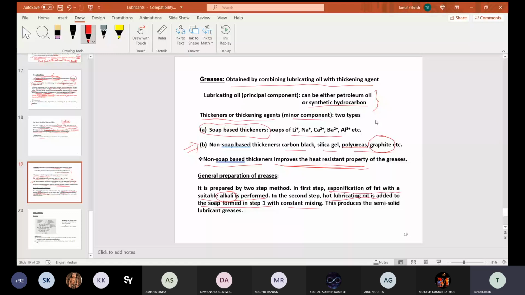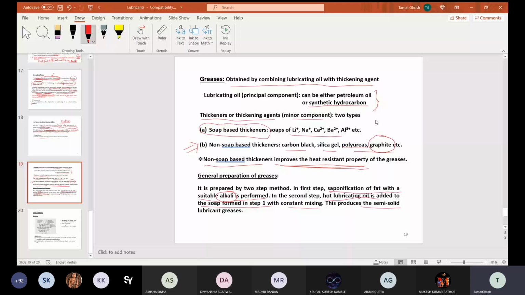Whatever alkali was used, you will get the corresponding soap, and correspondingly a different grease. Say if you use sodium hydroxide, it will give sodium soap, and the grease prepared from sodium soap is the sodium based grease.